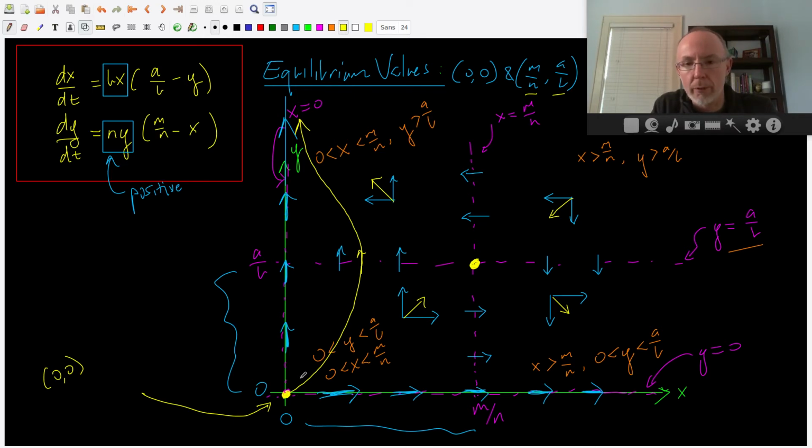If I start down here with 0, whatever x was, trout maybe, then the bass population just grows. This is the number of trout along this way, and this is the number of bass along this way. So if I start with 0 trout, I'm right here, then the bass population just grows.